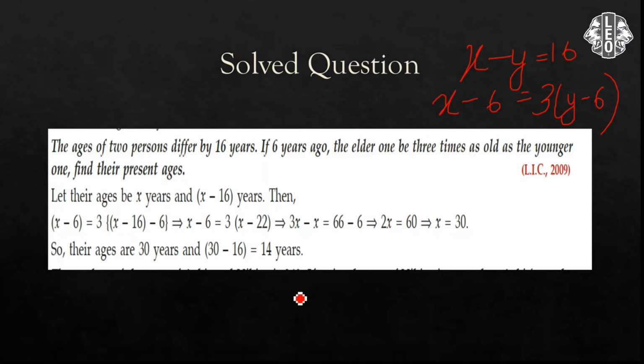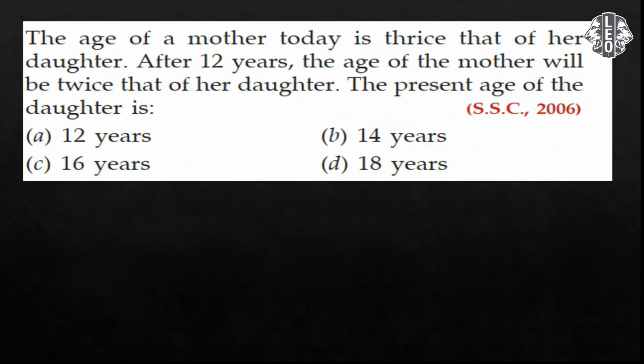Then you'll get 16 plus y minus 6 equal to 3y minus 18. Just solve it and you'll get the answer. So that's coming as 14, right? So that's 18. And if you solve this, you'll get 28 and 2.